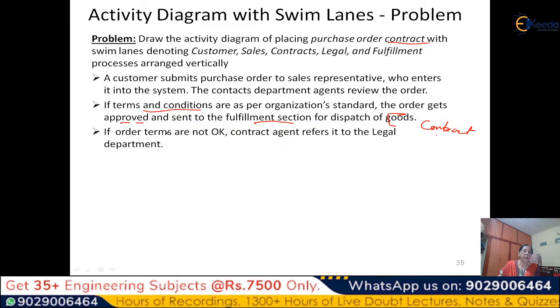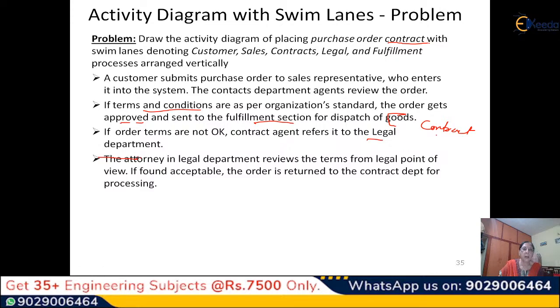But suppose it is different. If the order terms are not okay, then what will happen? They will send it to the legal department, because they do not have the authorization to approve it. Now the legal department will look at it.